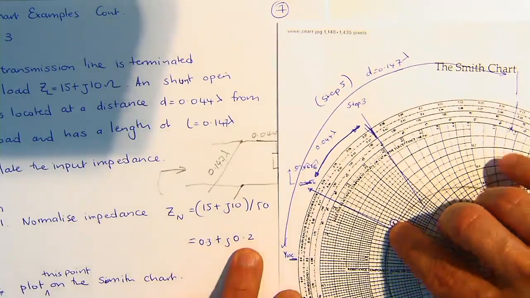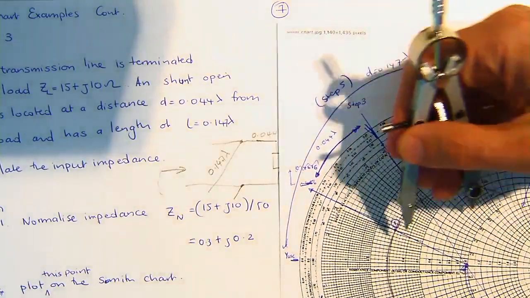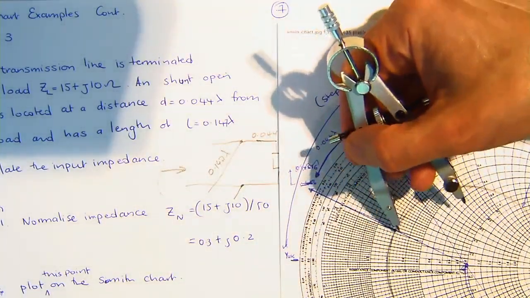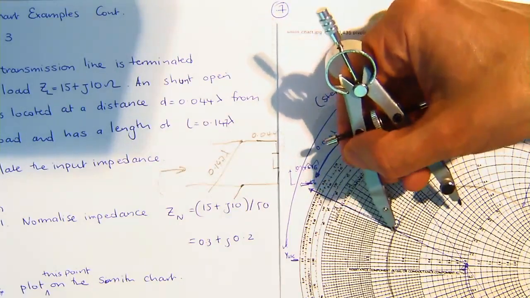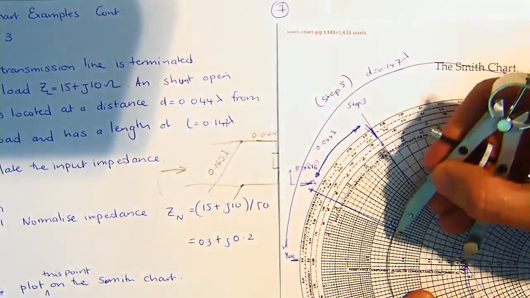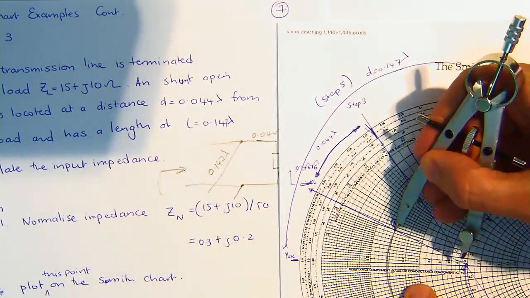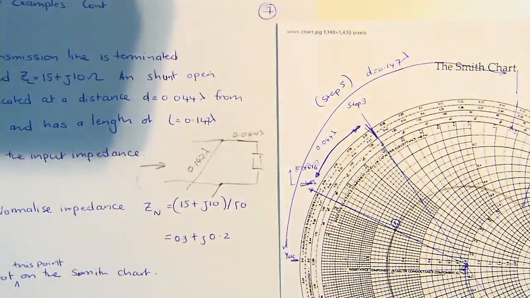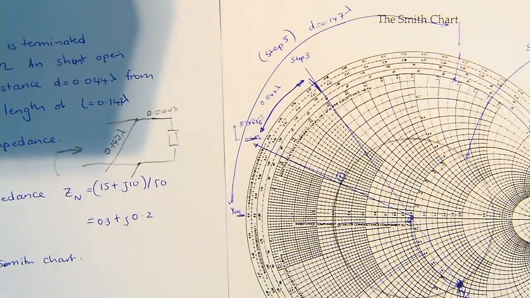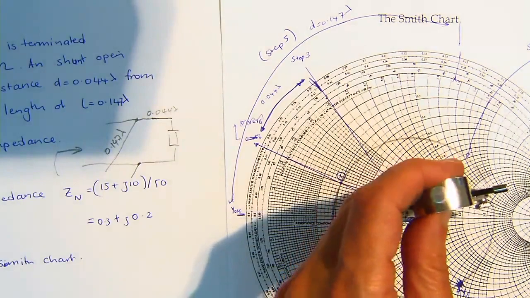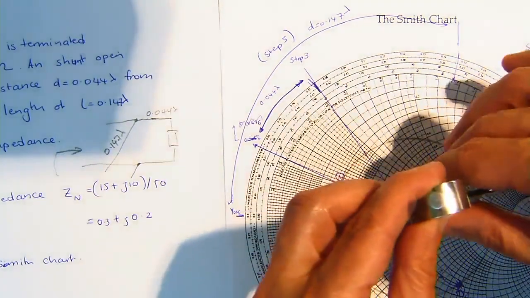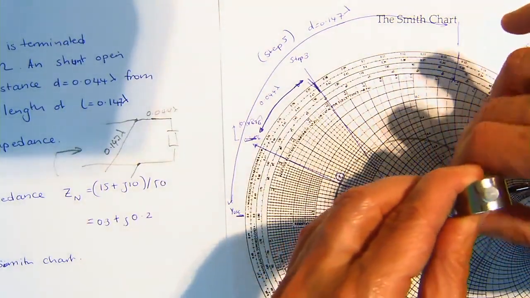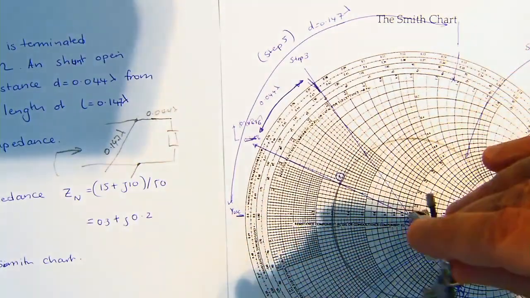So we have to find the positive 0.2 and 0.3, and we draw the point. Excellent. Then what do we do? Well, I'll give you a hint. We'll just draw the voltage standing wave ratio circle, right? So let's draw the circle. Let's pretend that we're doing this for the first time. We draw the voltage standing wave ratio circle.